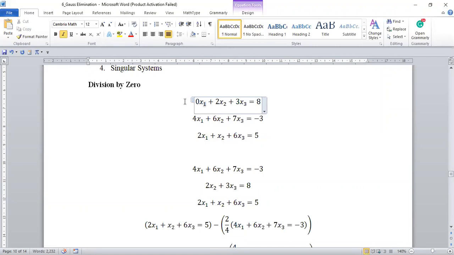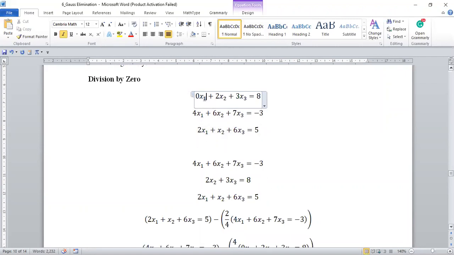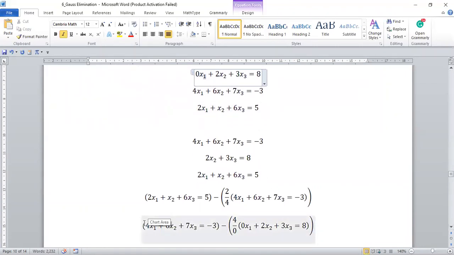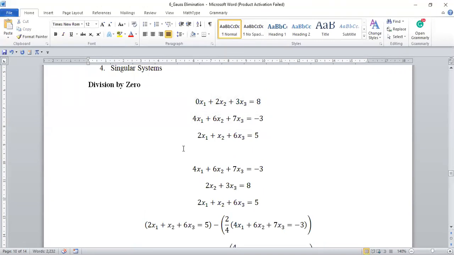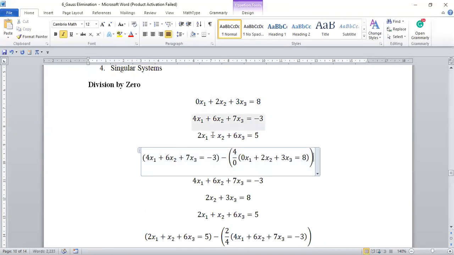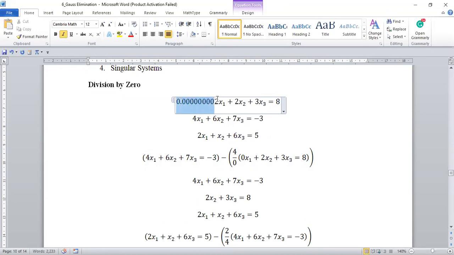This division by 0 also occurs not only when the first term of your first equation is 0. It also occurs if this number is very, very small, close to 0.